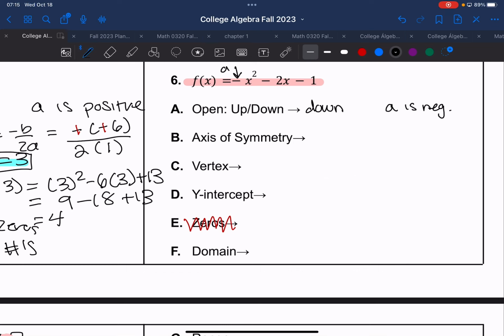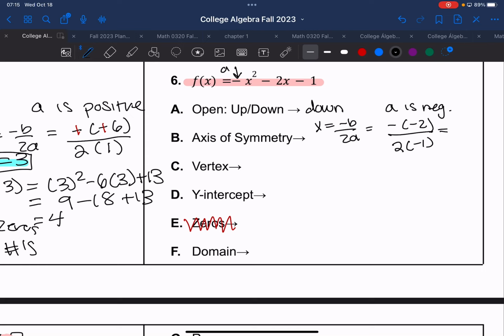Remember, we have a function, so we have to use a formula. So what's the formula? X equals negative b over 2a. Okay, in this case, our b value is what? -2, so we're going to have a -2 because of our formula. And then on the bottom, 2 times a, what is our a value? -1, remember, because of that -1.